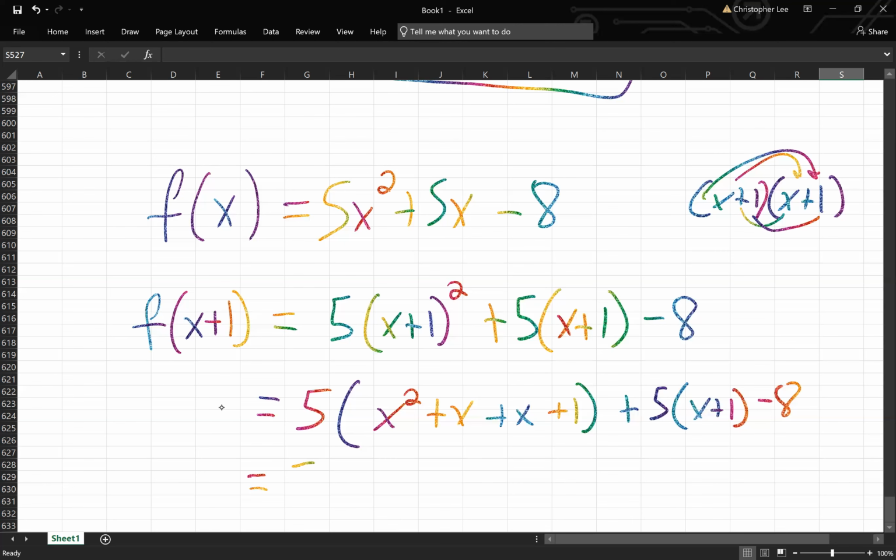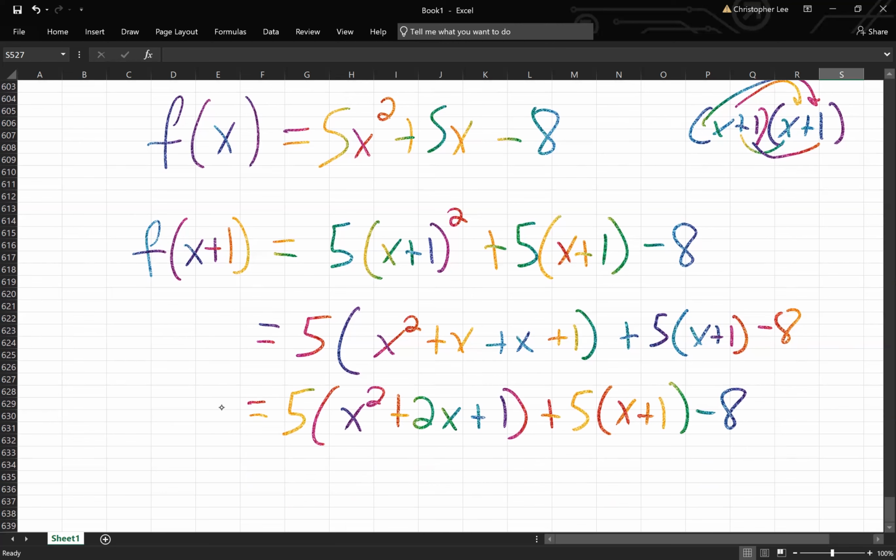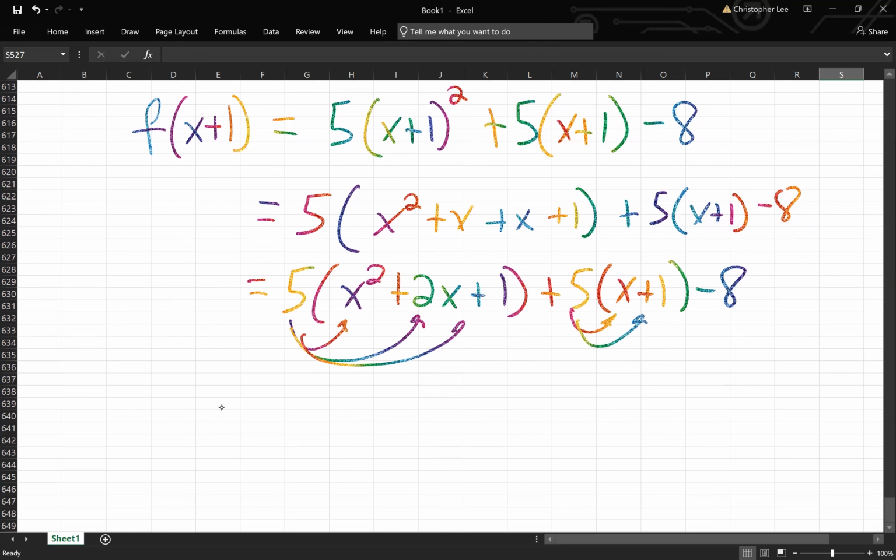I get 5 times (x squared plus 2x plus 1) plus 5 times (x plus 1) minus 8. After that, just distribute, then combine like terms. I'm going to do this on the bottom because I don't have space. So this becomes 5x squared plus 10x plus 5 plus 5x plus 5 minus 8.